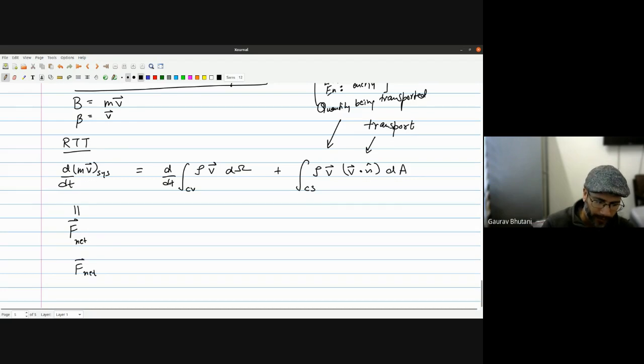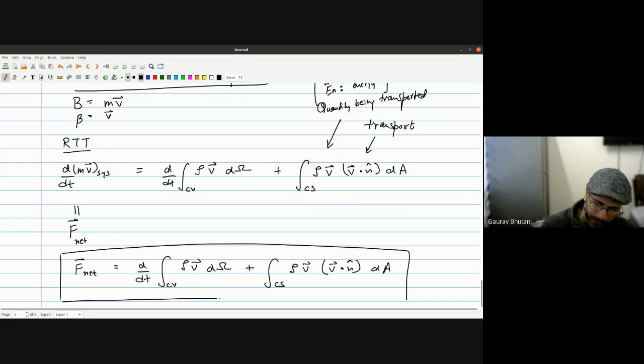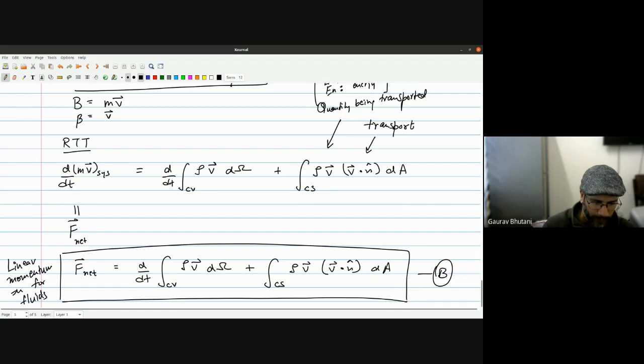The net force acting on a fluid is the sum of these two integrals. So that will become our linear momentum equation for fluids.